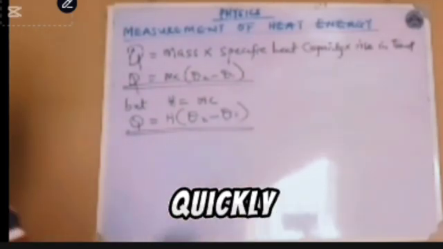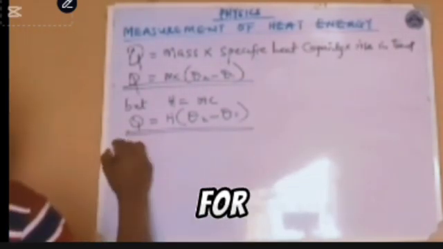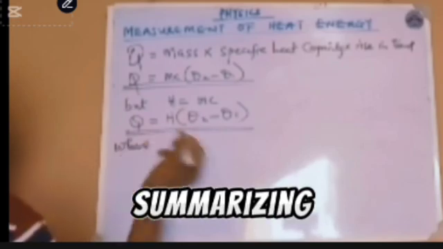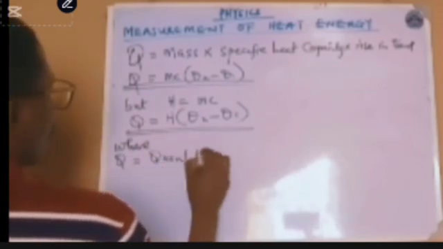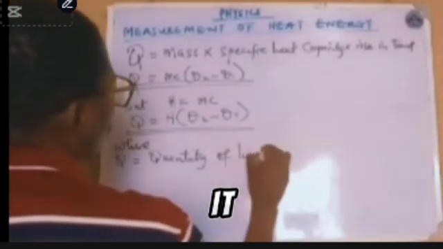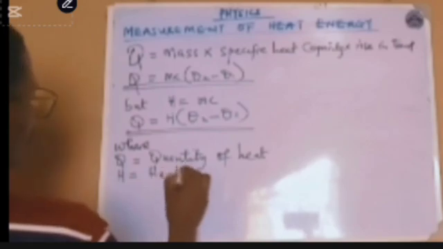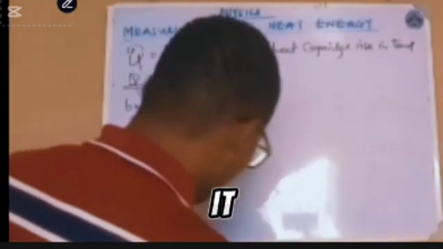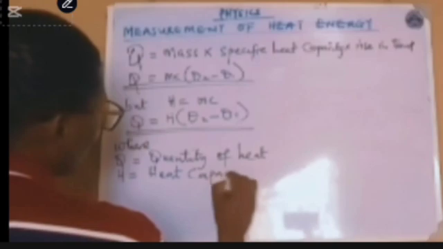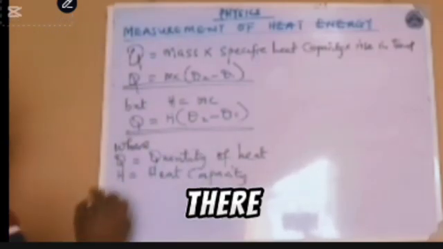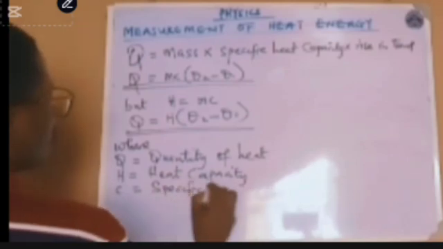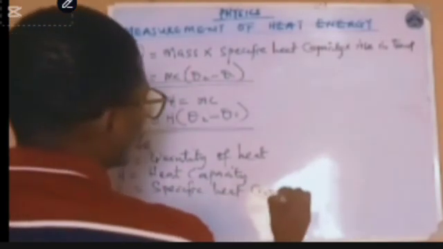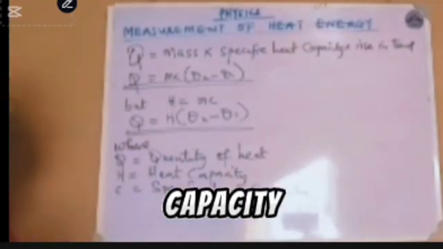So let's quickly write what all these parameters stand for. In a way of summarizing, Q is quantity of heat and H stands for heat capacity. C is specific heat capacity.